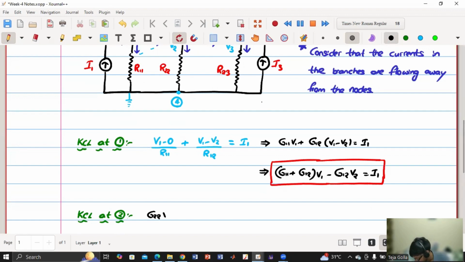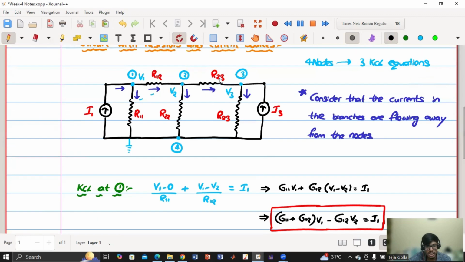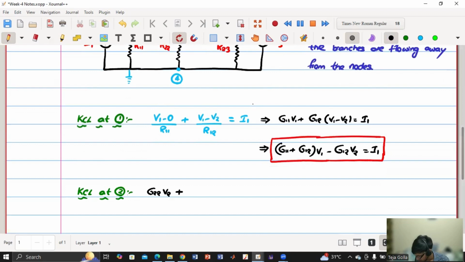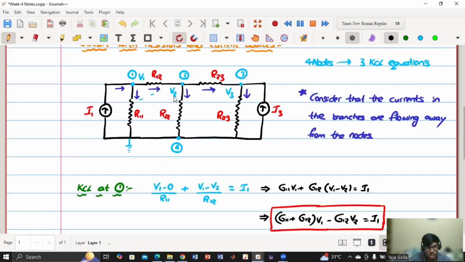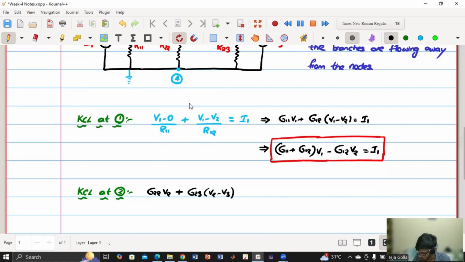Plus this current, which is G23 into V2 minus V3. This is current leaving, equal to current entering. Current entering is V1 minus V2 into G12, that is G12 into V1 minus V2.